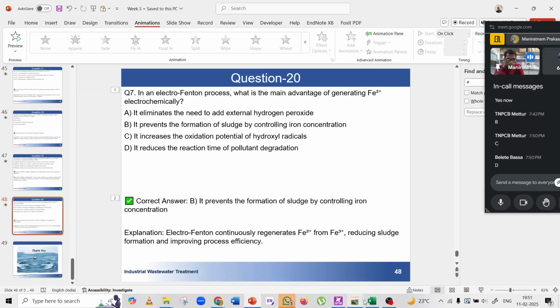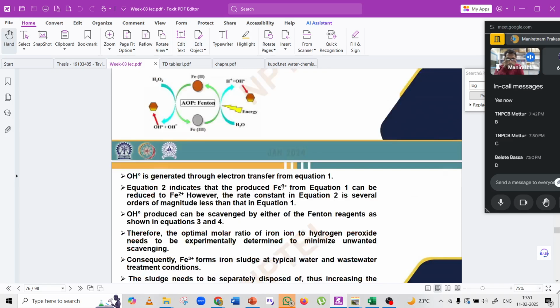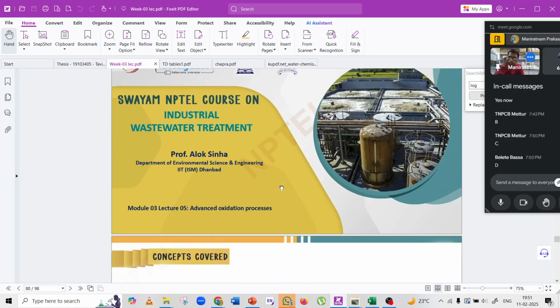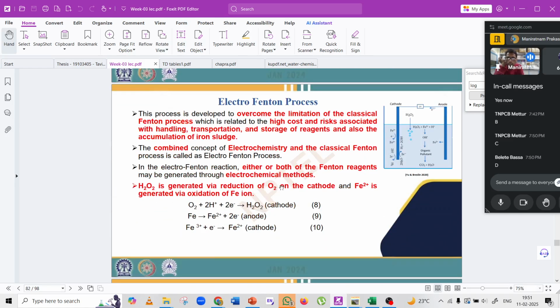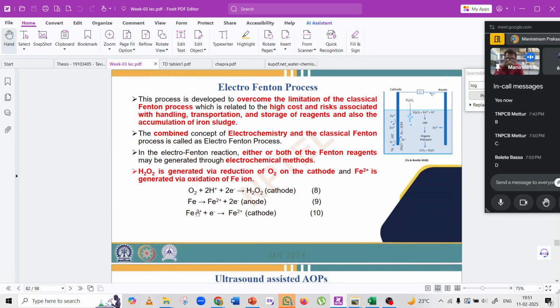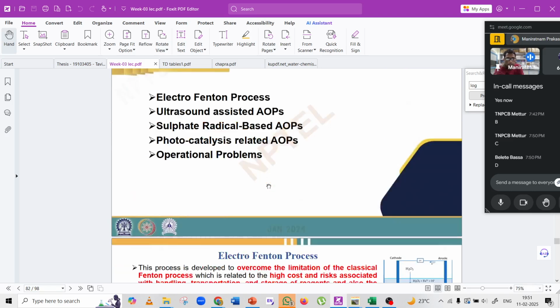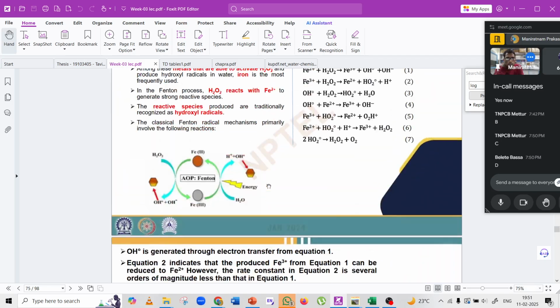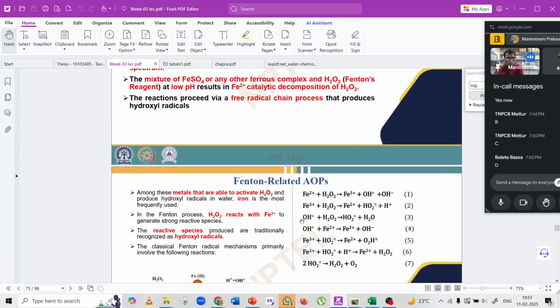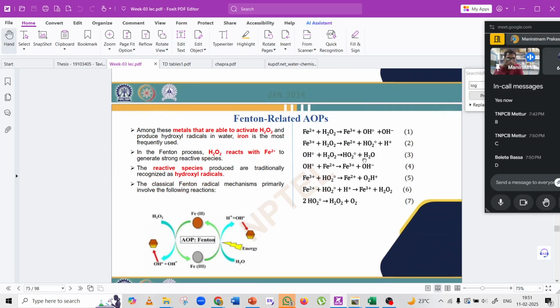You can see from here also, in the electro-Fenton, there is a continuous conversion of Fe3+. In the simple reaction, there is a formation of Fe3+ that forms another kind of sludge.